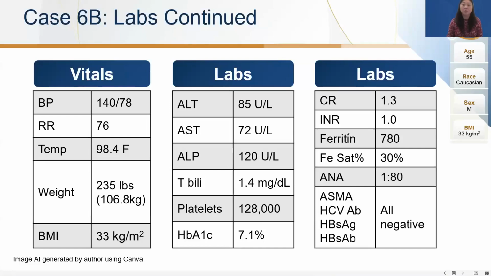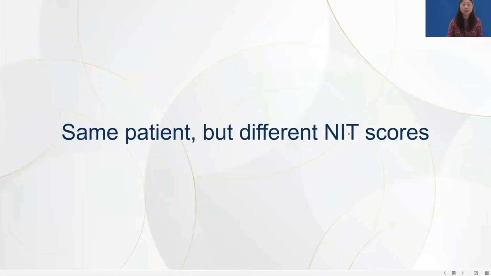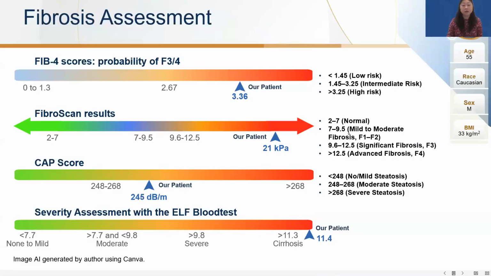His creatinine is a little elevated at 1.3, and the rest of his labs are the same. So you have the same patient profile, but now different NIT scores. On FIB-4, this patient has 3.36. So you look on the right, this shows that the patient has high risk for significant fibrosis.